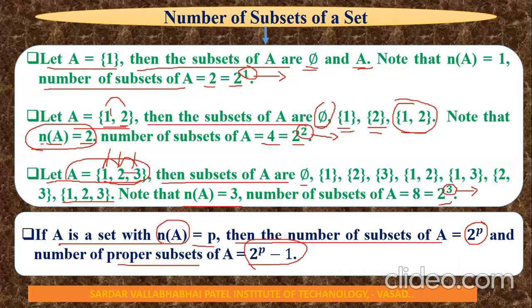So if the number of elements is p, then the number of subsets is 2 raised to p. Suppose we consider an example: the number of elements of the set A is 100. Then the number of subsets is 2 raised to 100.